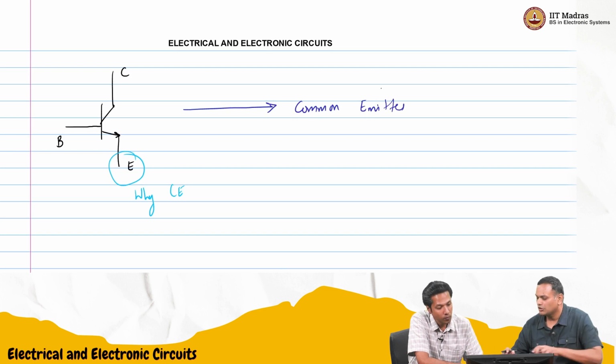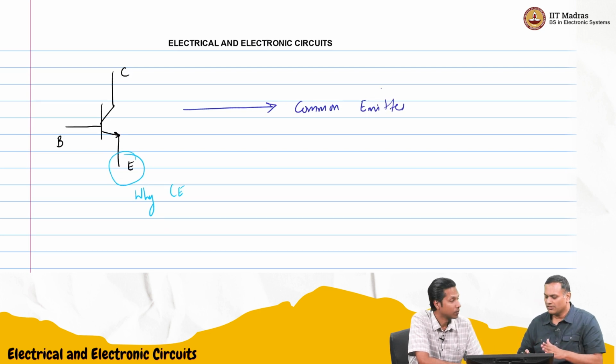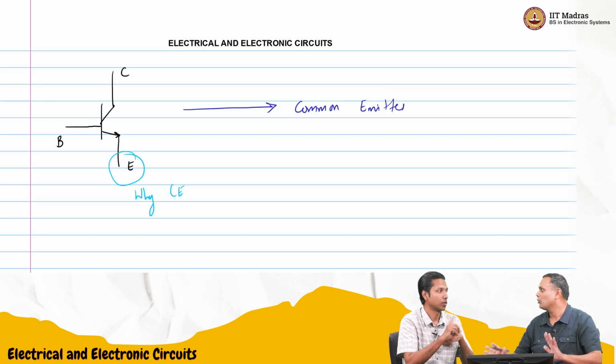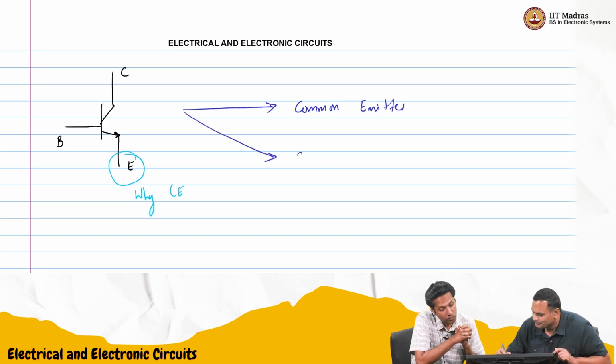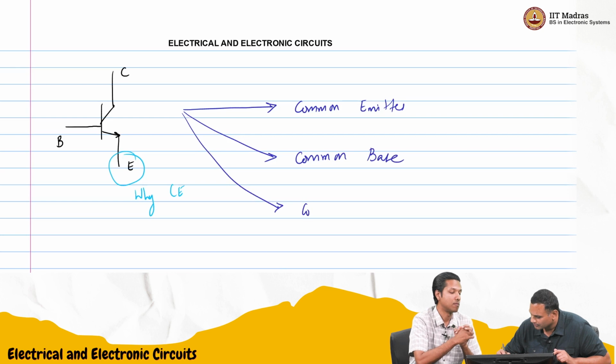It was called common emitter because we applied input on the base with respect to the emitter, and took output on the collector with respect to the emitter. So the emitter was common for input and output. Now that means you can get common base also, and common collector as well.